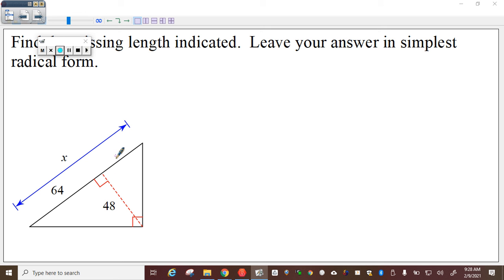Does anybody know this part? Well, does it make sense that it's whatever the whole is minus the part? So let's just say x minus 64. Now go ahead and set it up.